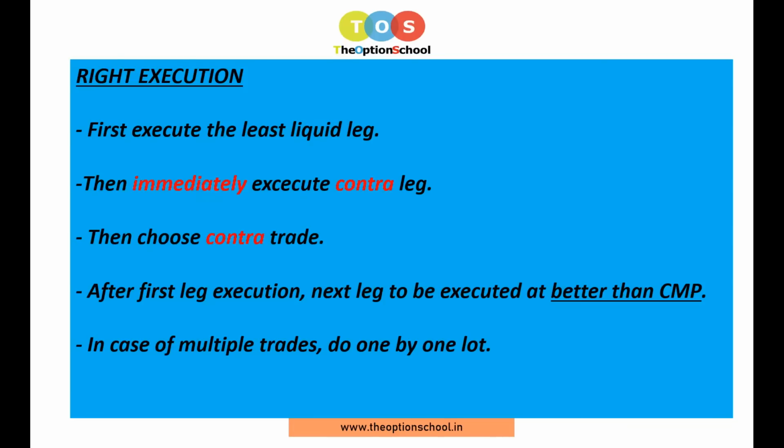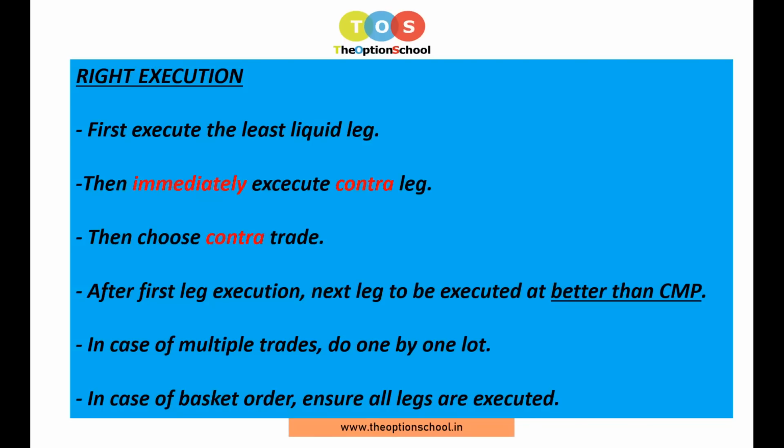In case of multiple trades, if something is illiquid, do one by one, rather than executing all 3, 4, 5 sets in one go. And in case of basket order also, if you're using that, basket order doesn't mean that all your trades will get executed. You must see that if you're buying something, they're taking it at the seller's rate, and if you're selling something, they're taking it at the buyer's rate.